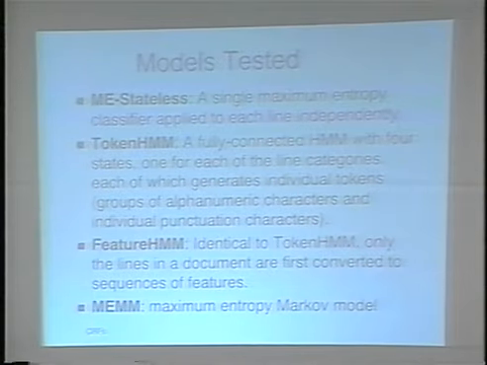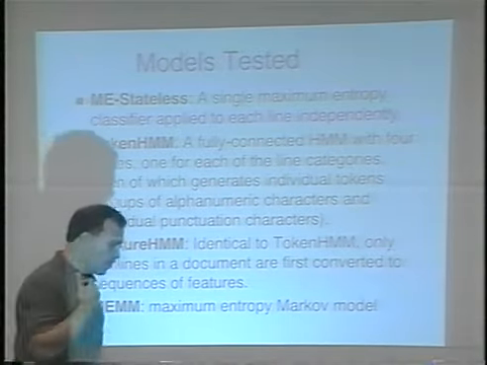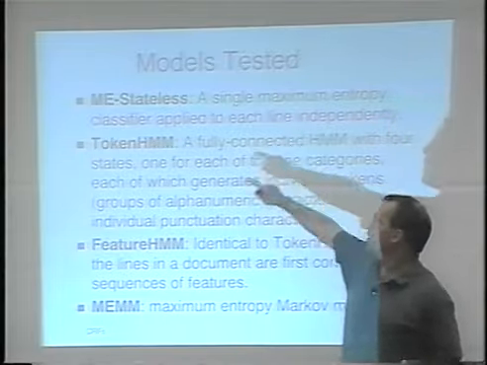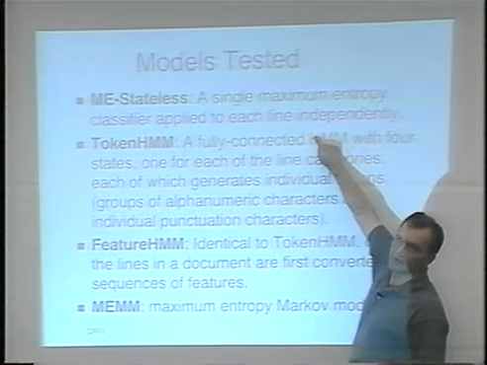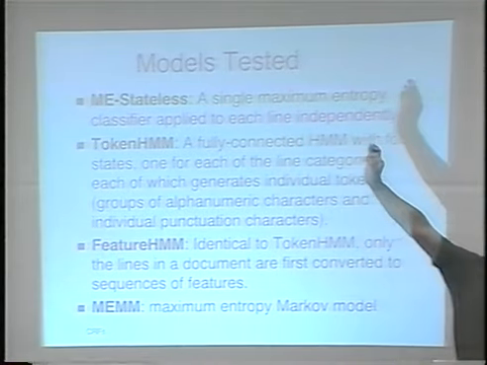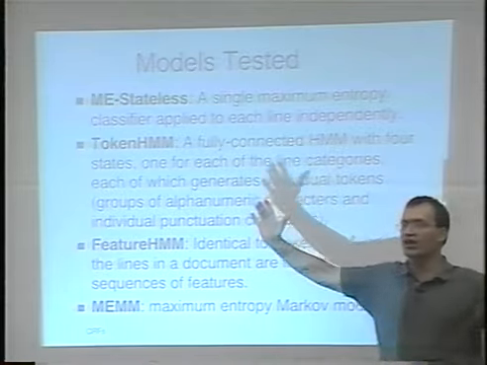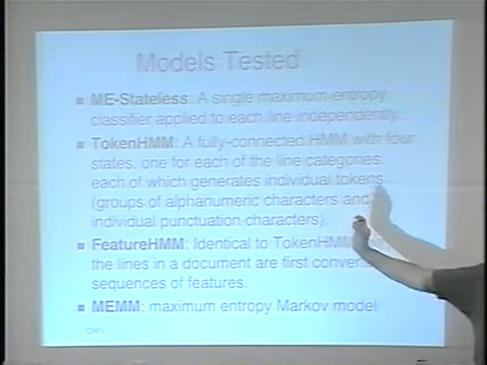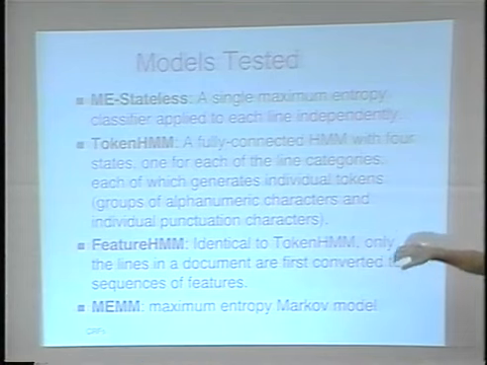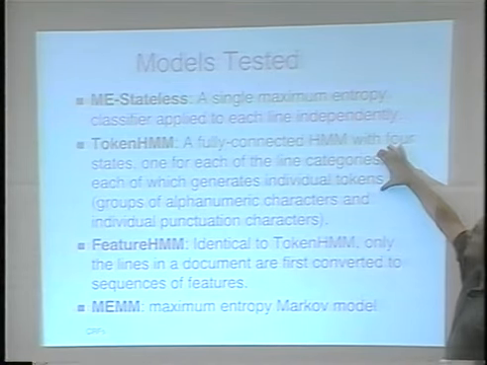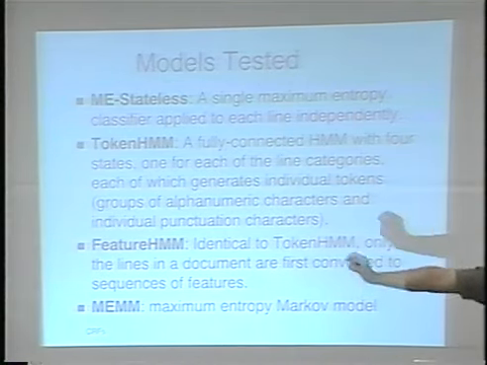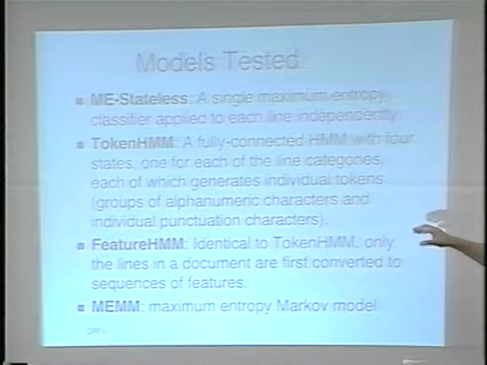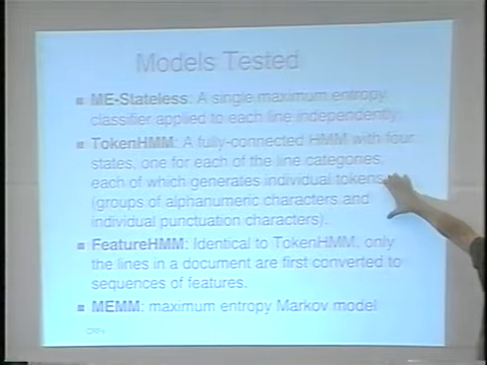And we tested 4 models here. One is a maximum entropy classifier for each line independently. So we basically think of the problem as a document classification problem where the documents are lines. The second one is just an HMM that emits the observed words, the obvious HMM.